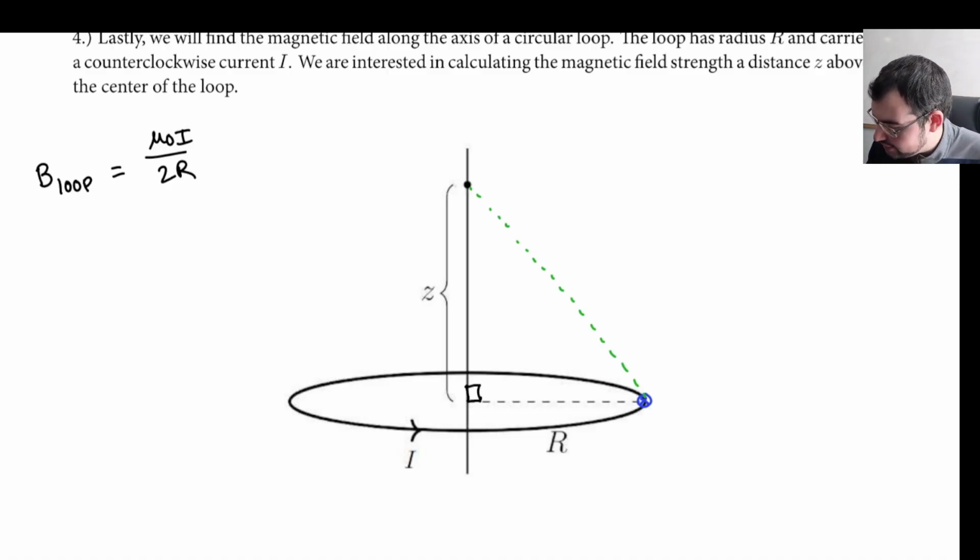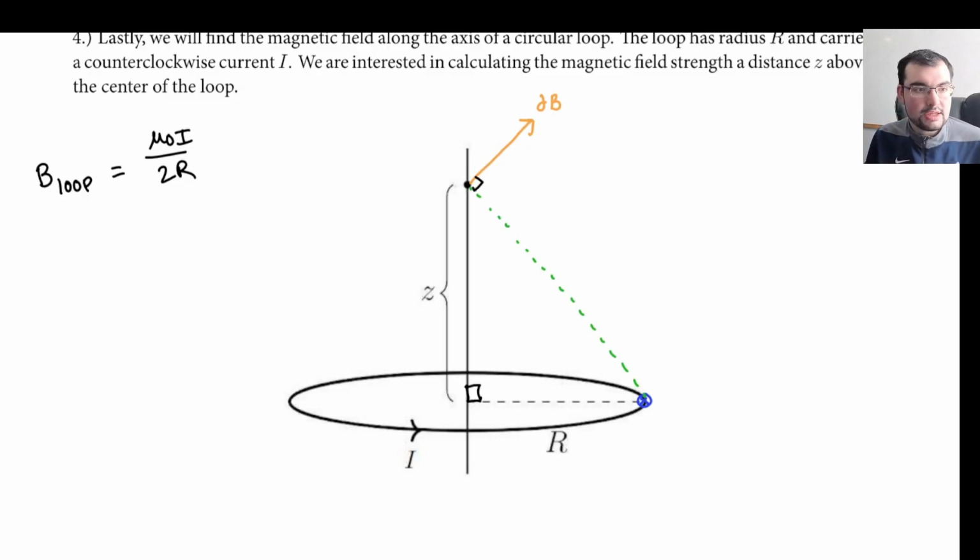So what we'd actually get from this particular current segment is that the B field we generate is going to be this. So that's actually our little dB, because again, we know it's going to be at a 90-degree angle, and it's going to circulate this way.